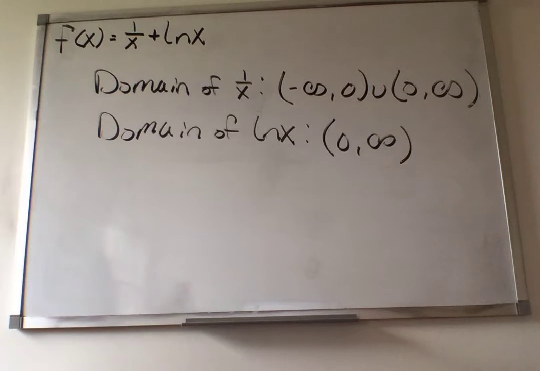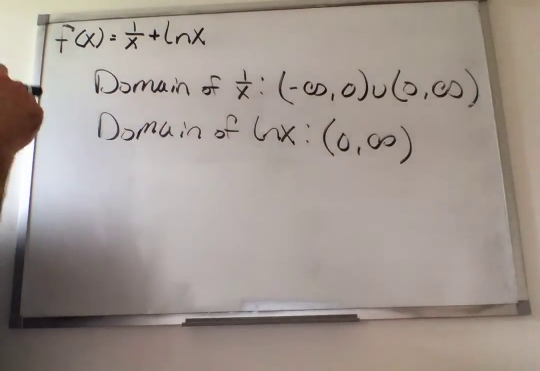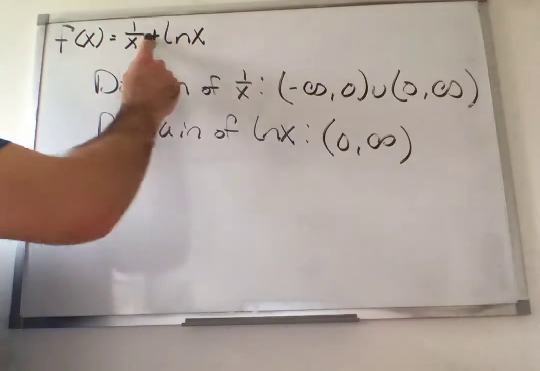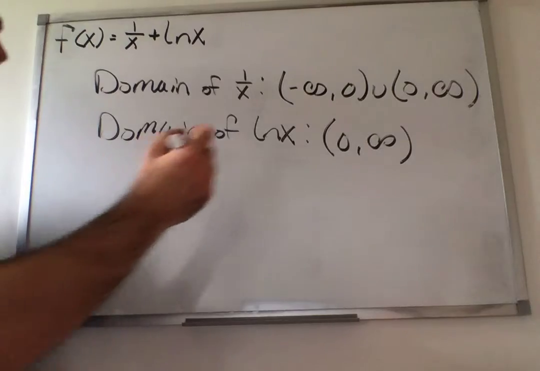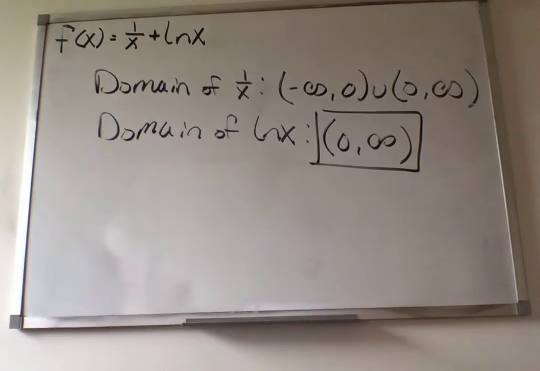However, that gives us imaginary numbers, and we're only dealing with real numbers. So we can only plug positive numbers in here, which means we can't use this part of the domain for our function. Our domain is going to be the stricter domain of the two, from 0 to infinity.